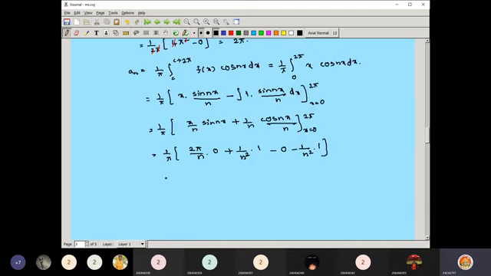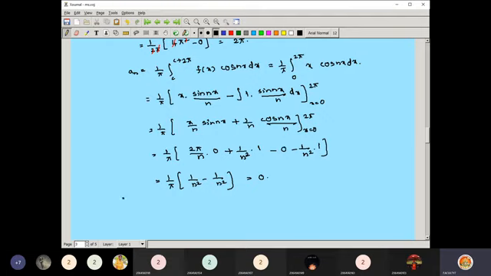So on simplification you are getting 1 divided by pi. First one is 0. We have only 1 by n square and 1 by n square minus that is also 1 by n square. Same value, so directly you can say that this is equal to 0. So an value for this particular problem is equal to 0.